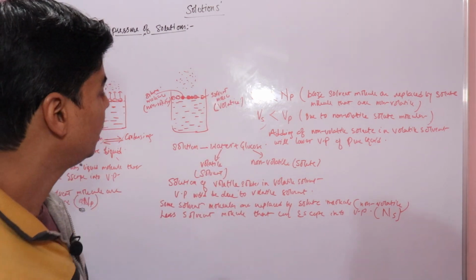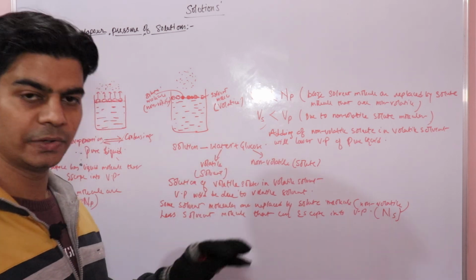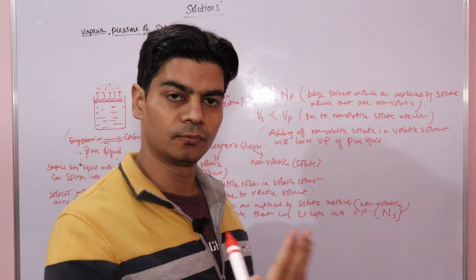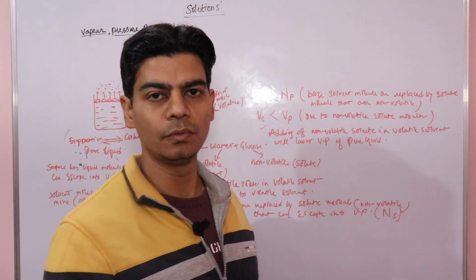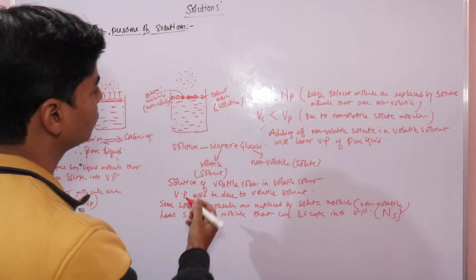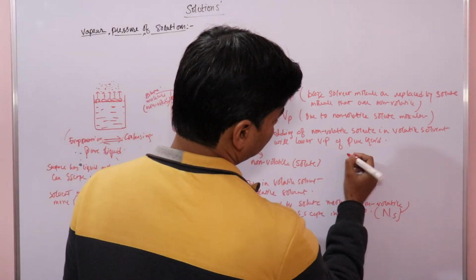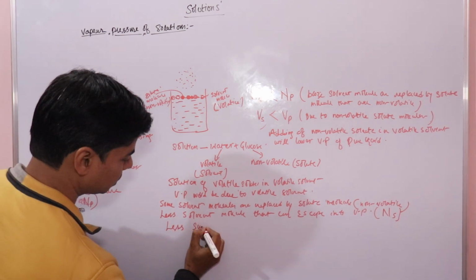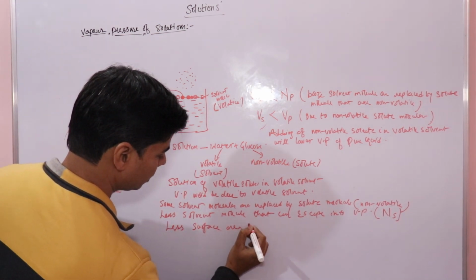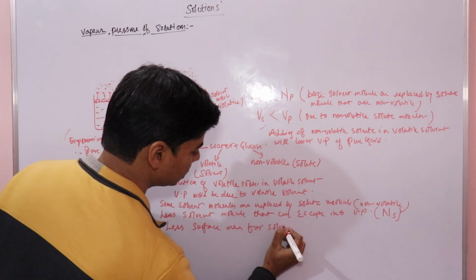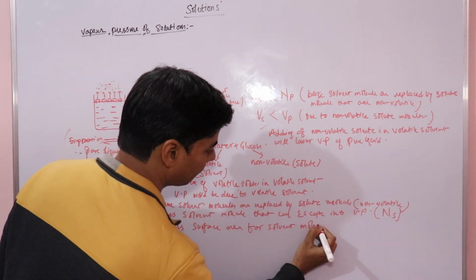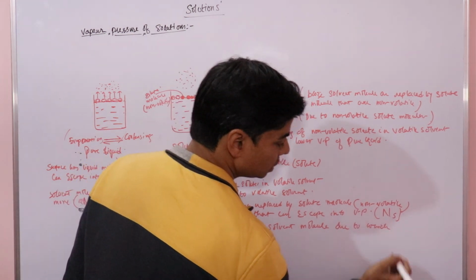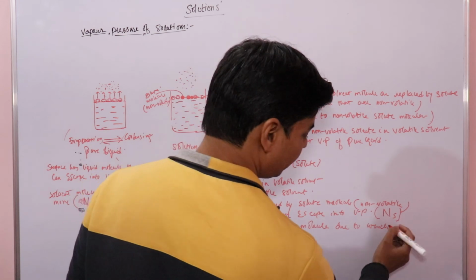Or we can also say that now we have less surface area for the liquid molecules to escape into vapor phase. Or we can also say it like this. In this case, we have less surface area for solvent molecules, due to which less solvent molecules will escape into vapor phase.